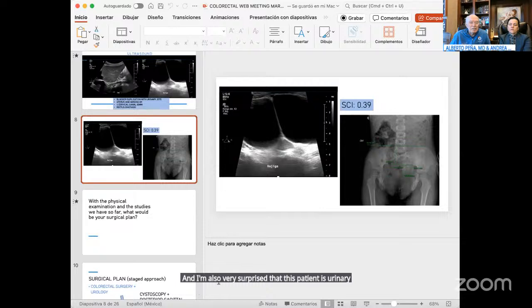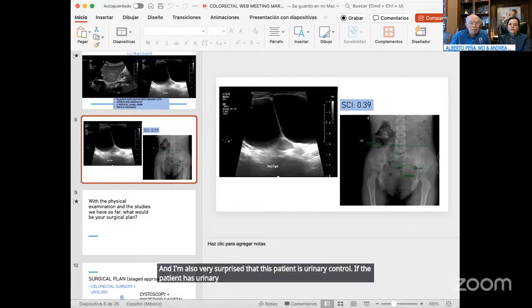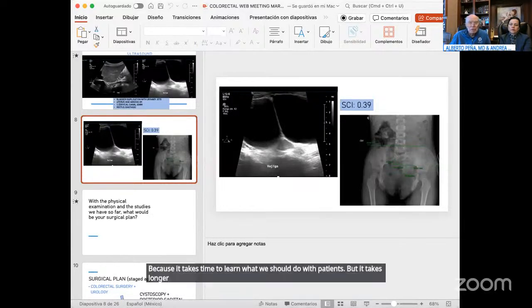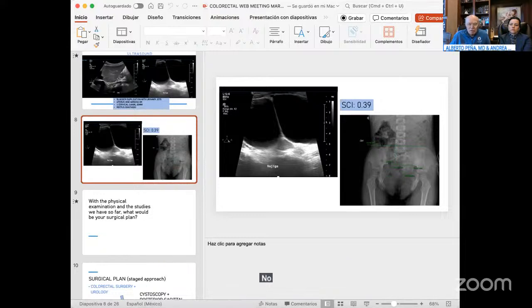And I'm also very surprised to see that this patient has urinary control. If the patient has urinary control and no reflux, then don't touch the urinary tract. That's my suggestion, because it takes time to learn what we should do with patients, but it takes longer to learn what we should not do with the patients. So again, if the patient has urinary control, no urinary tract infections, and no reflux, don't touch the urinary tract.